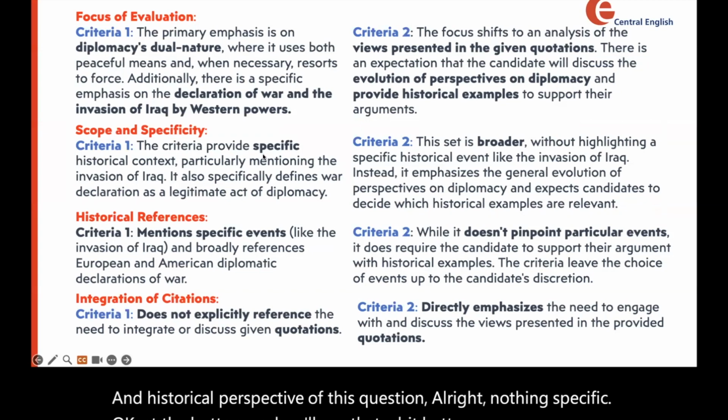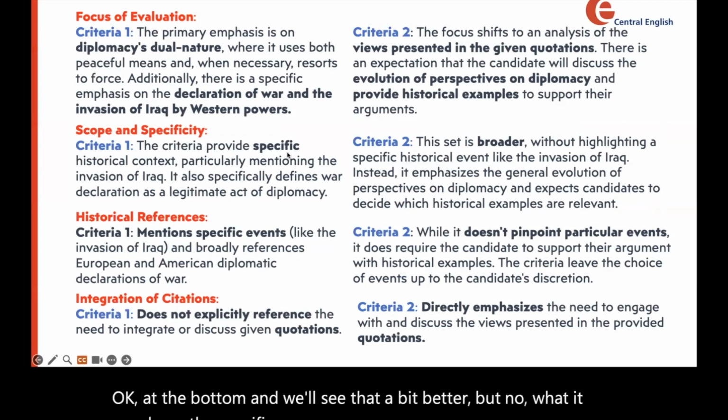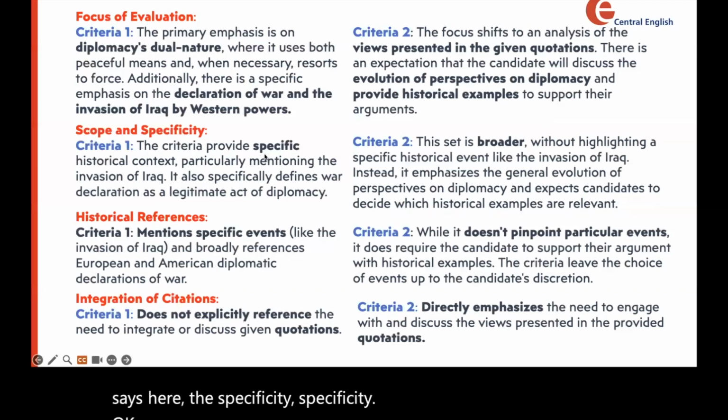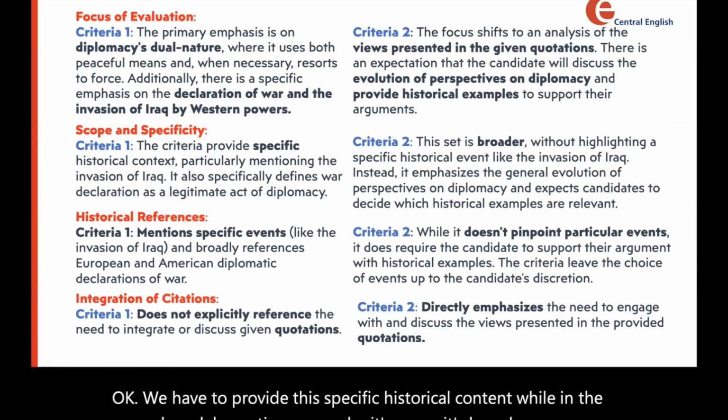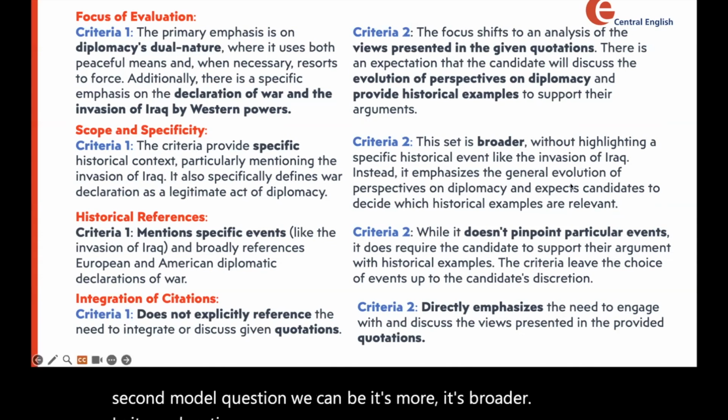At the bottom, we'll see that a bit better. But what it says here is the specificity. We have to provide specific historic content, while in the second model question, it's broader in its explanation, or in the examples we're using.